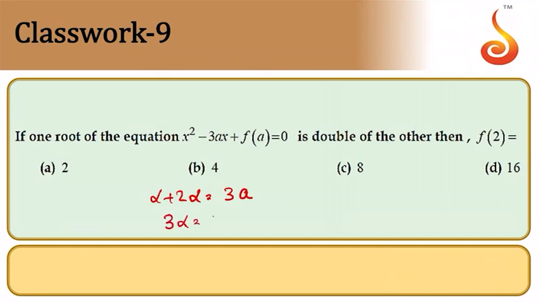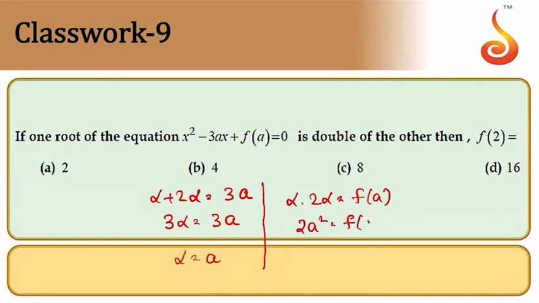Example 9. One root of this equation is double the other root. It means alpha plus 2 alpha equal to 3a. So we get 3 alpha equal to 3a. So alpha equal to a. Now alpha into 2 alpha equal to f of a. So alpha is a. So 2a square equal to f of a. So f of 2 will be 2 into 2 square, which is equal to 8.